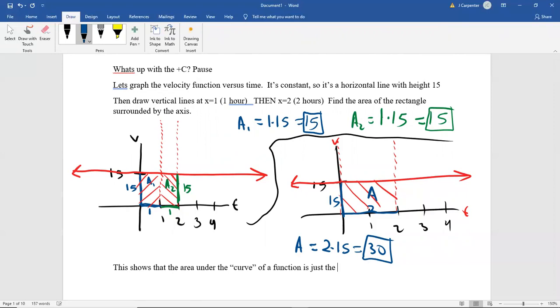It's just the integral of the function from 2 given x values. The area under the curve of a function is the integral of the function. Derivatives are slopes, integrals are areas.